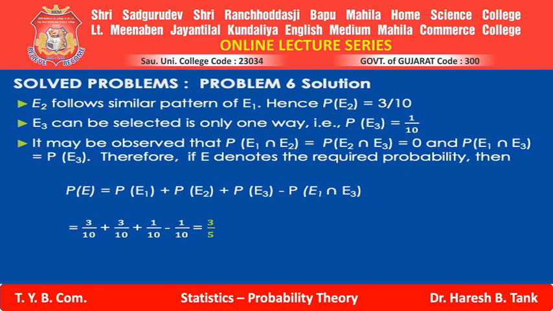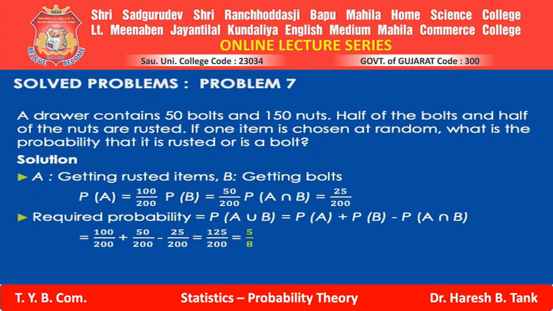Let us have the next example. A drawer contains 50 bolts and 150 nuts. Half of the bolts and half of the nuts are rusted. If one item is chosen at random, what is the probability that it is rusted or is a bolt? Let us define event A as getting a rusted item and event B as getting a bolt.